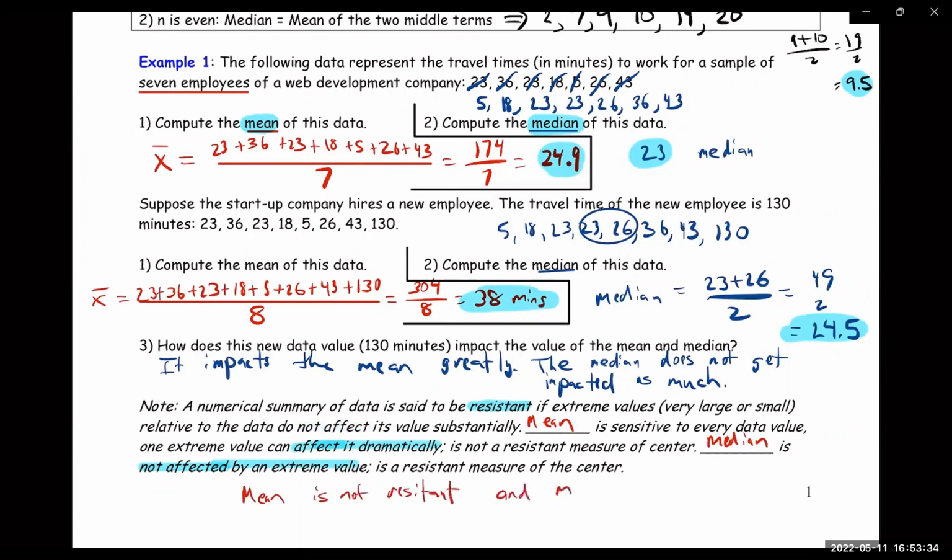And median is resistant. All right, let's move on.